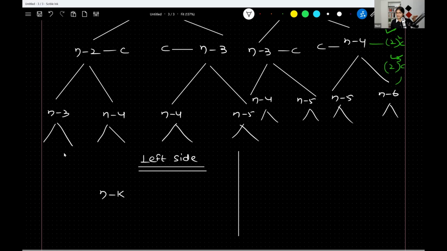At what point will I stop my recursive tree? When I reach a base case condition. What is the base case condition? When the value of n is either 0 or 1. Do you remember the base case condition? You said that when the value of n is 0, the answer is 0. When the value of n is 1, the answer is 1. It's a constant task, right?